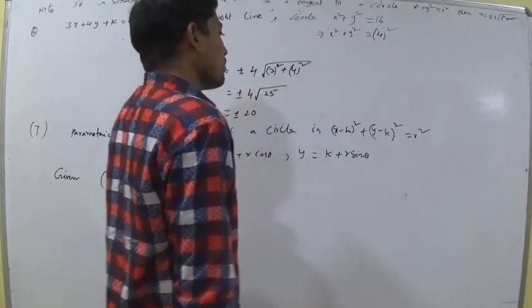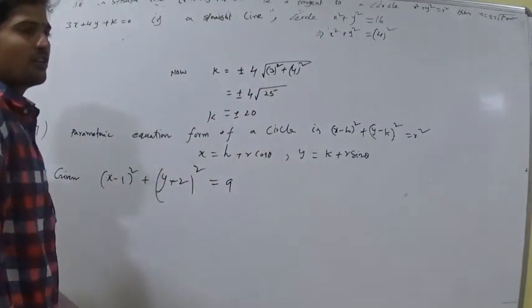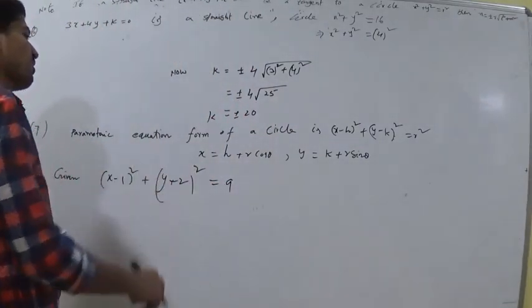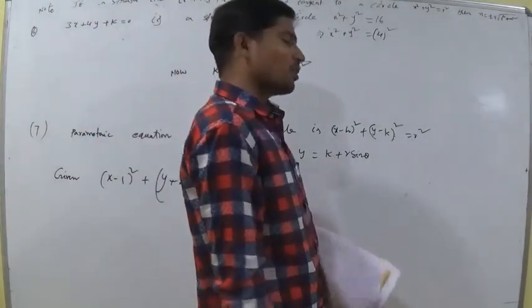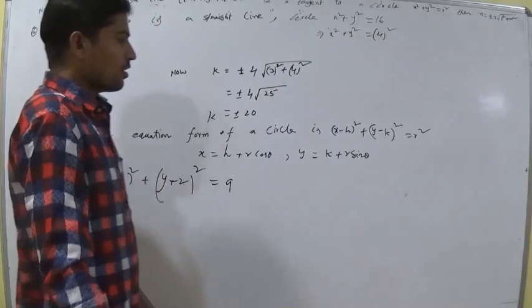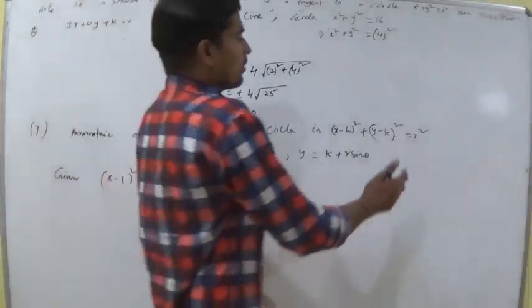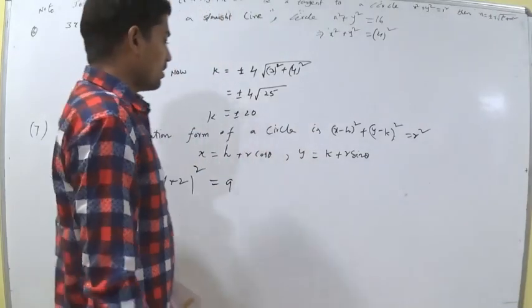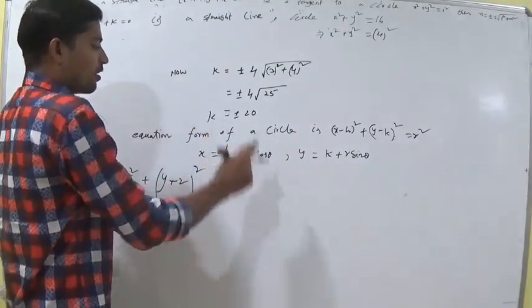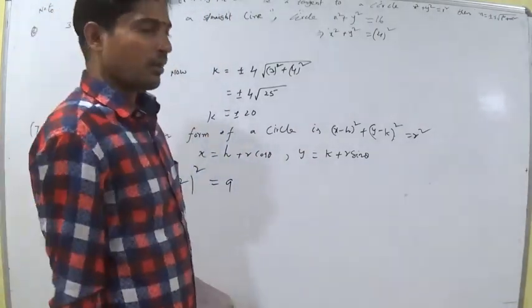Compare with x minus h whole square plus y minus k whole square equal to r square. The parametric equations are x equal to h plus r cos theta and y equal to k plus r sin theta. Try to find the value of r here. r square equal to 9, then r equal to 3.